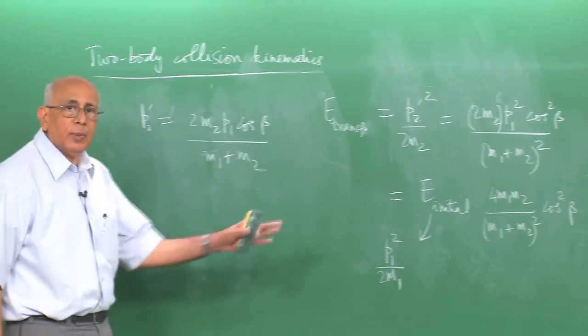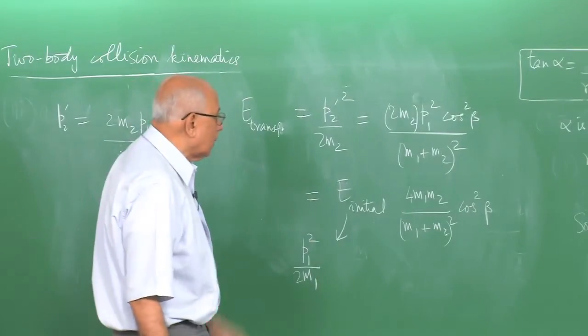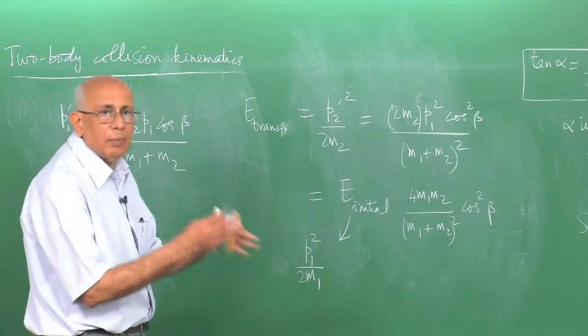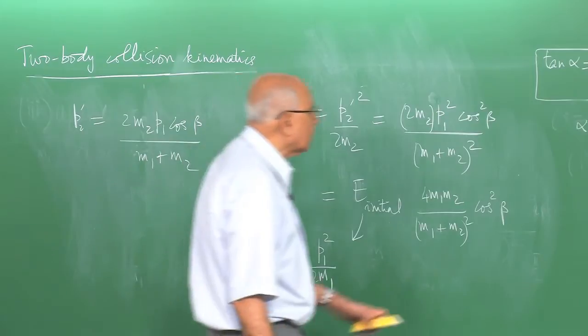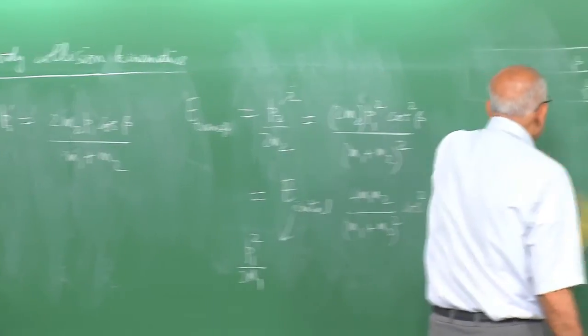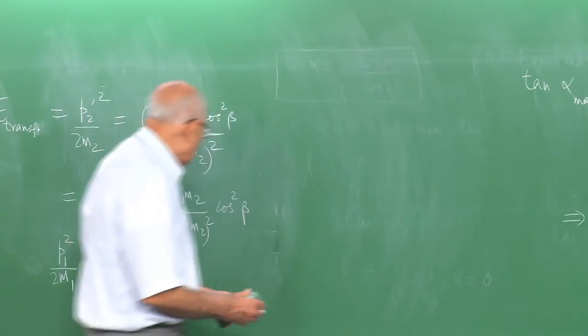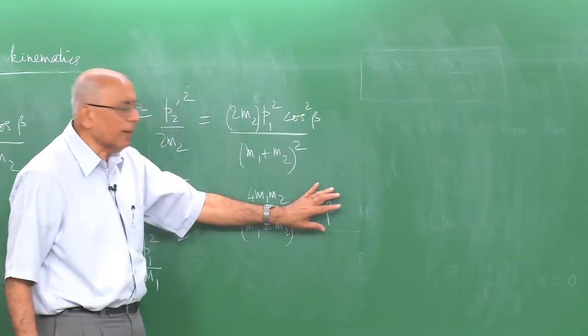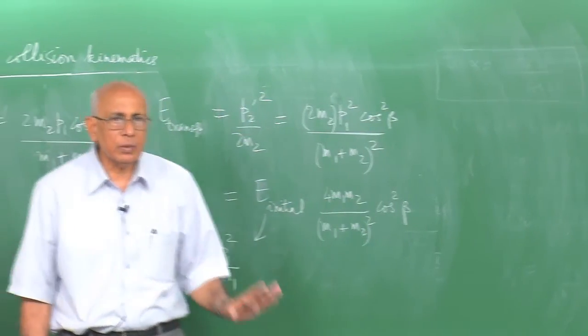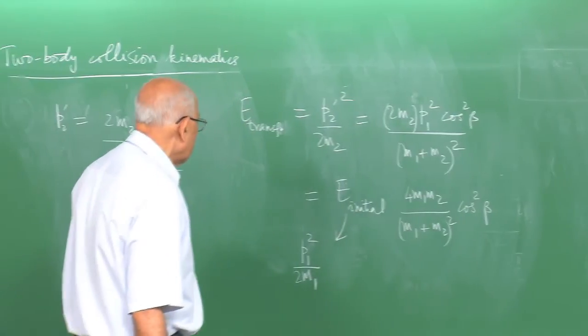So that's the exact expression for the energy transferred to the target from the projectile. Part of its energy is given out to the target. And this relation is a generalization of what we had in the one-dimensional case, where this factor cos squared beta was missing because beta was 0 in the one-dimensional case.